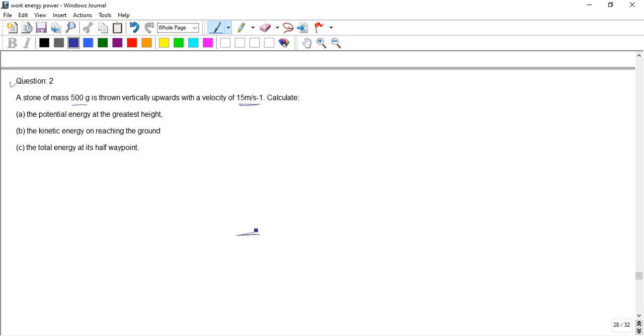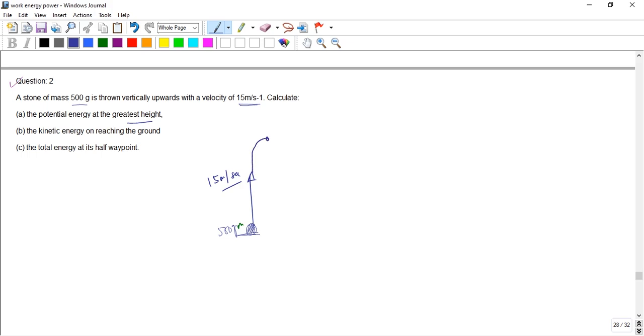So a stone of mass 500 gram is thrown vertically upward. The velocity is 15 meter per second, and we need the potential energy at the greatest height.